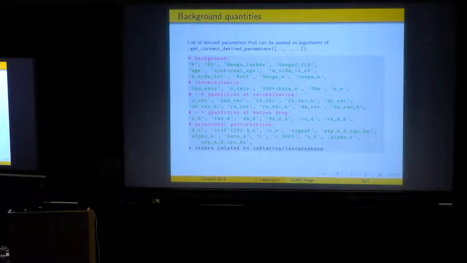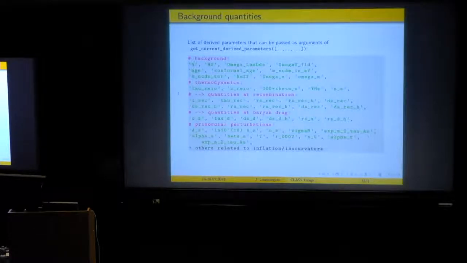You can get the same quantities not at recombination, which is the peak of the visibility function of the photon, but at baryon drag, which is when baryons decouple from the photons. You know that it takes place a little bit later. And for instance, in order to fit a BAO result, what you want typically is a co-moving sound horizon at the time of baryon drag. D is for drag.